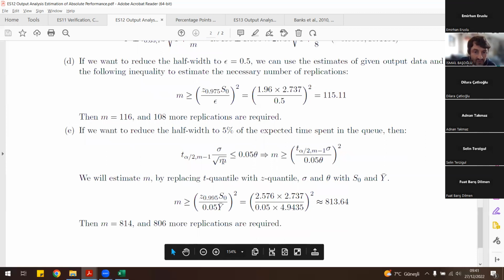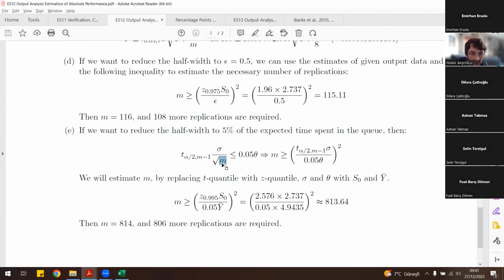Now, please check, my friends. Again, I'm going to perform the same operations that I have done in the theoretical lecture. In this inequality, what I want to identify is the number of replications that I need to perform. So I am just going to collect everything to the right-hand side and keep the square root of m on the left-hand side, and this inequality will turn into this form.